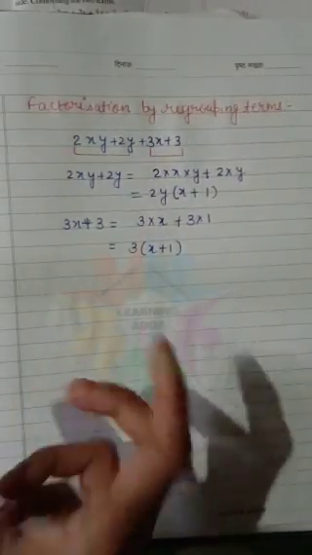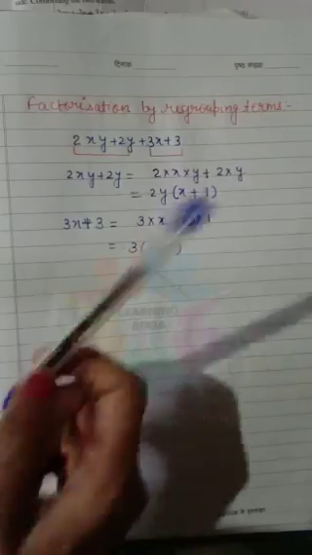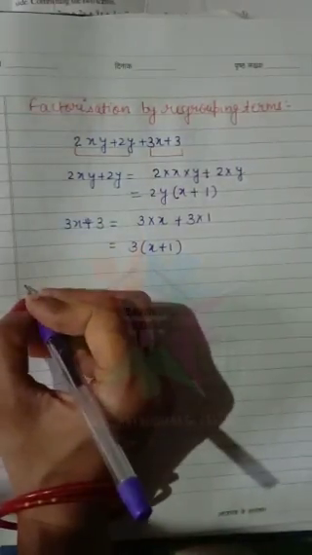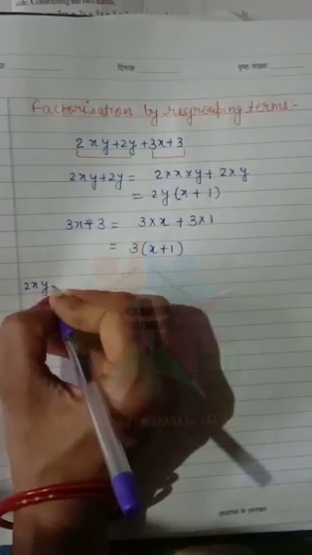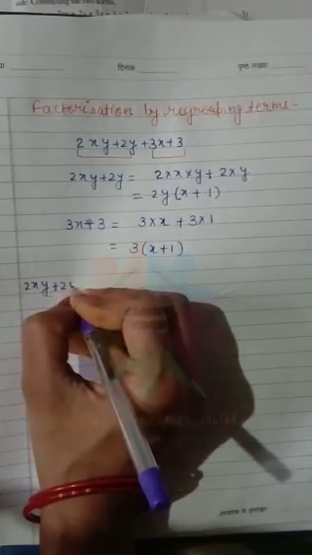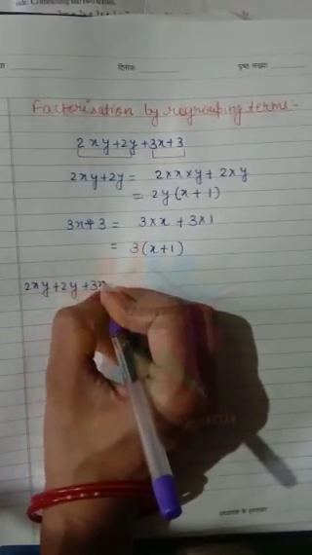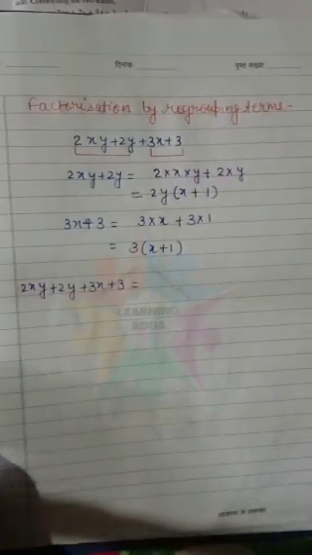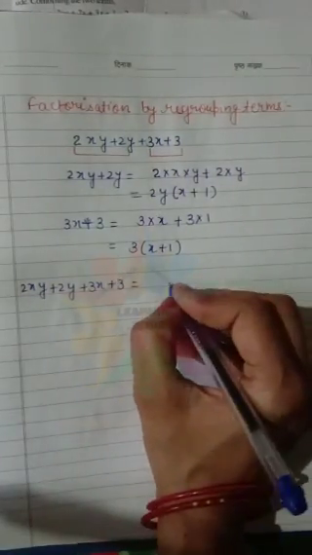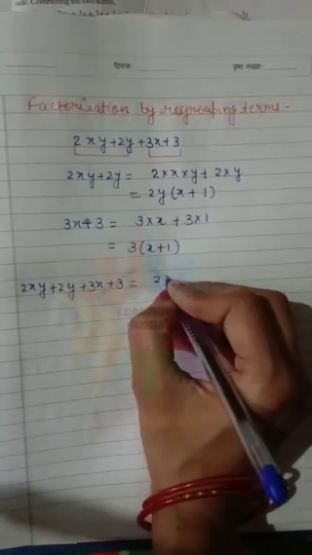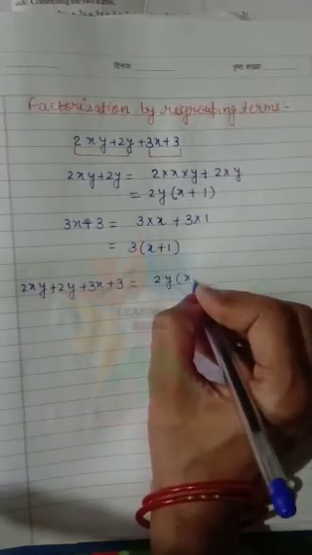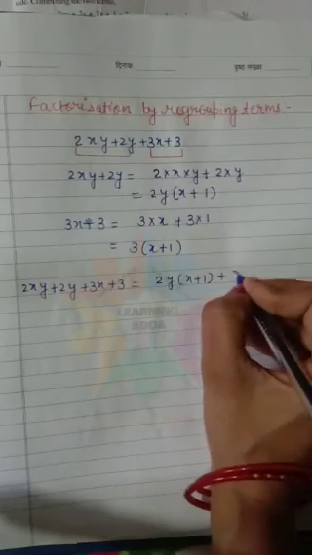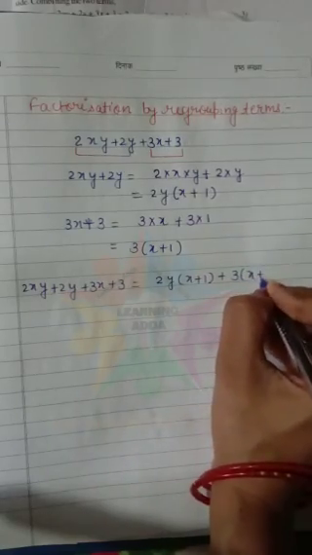If we combine both parts, we can write 2xy plus 2y plus 3x plus 3 equals, in the first two terms, 2y into x plus 1, and in the second part 3 into x plus 1.